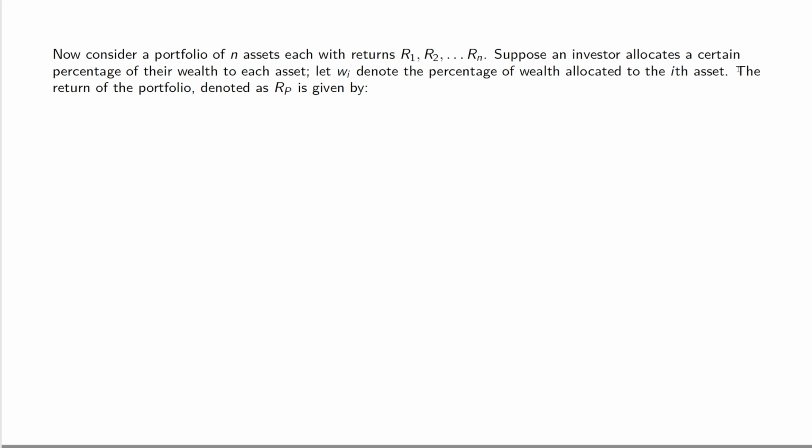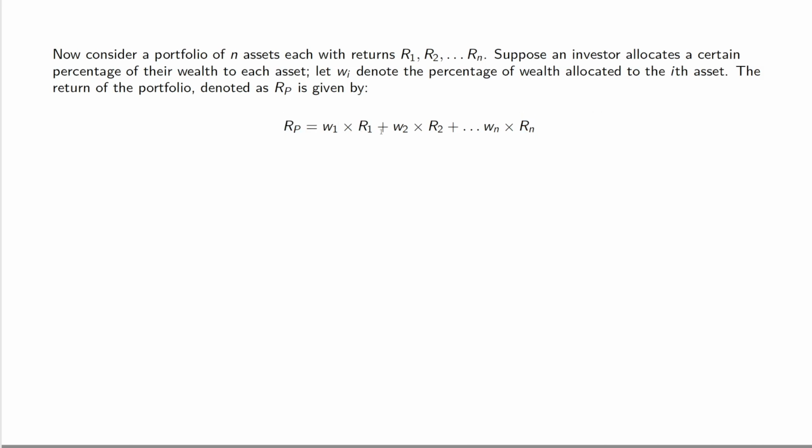So we're going to denote the total return of the portfolio as R subscript P. In other words, the return of the portfolio is given by the allocation to asset 1 times the return of asset 1, plus the allocation to asset 2 times the return on asset 2, all the way up to the allocation to asset N times the return on asset N. So again, that will be the total return.